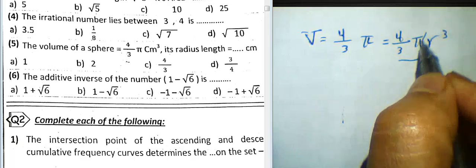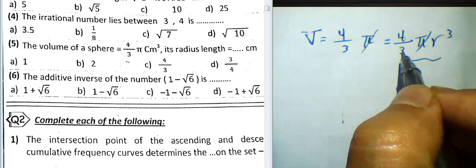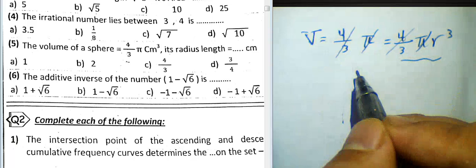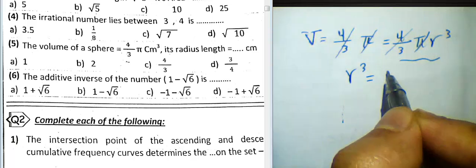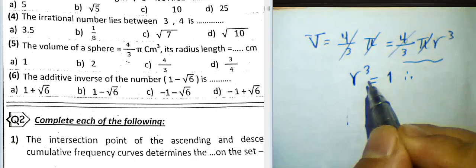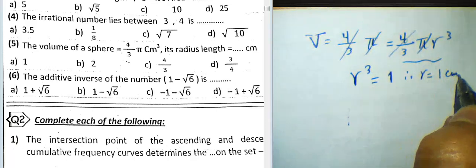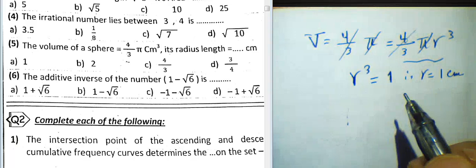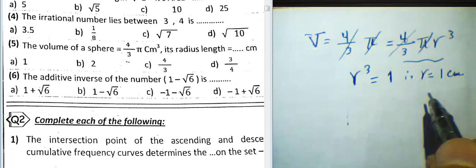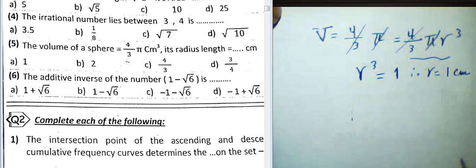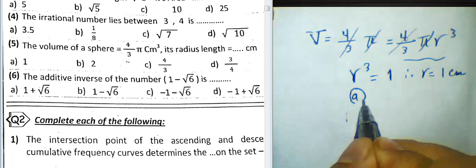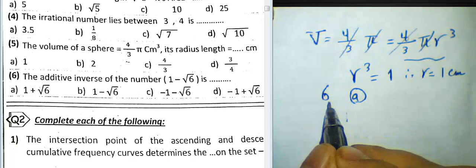So we can cancel pi and 4 over 3, then r power 3 equals 1. Then the radius equals the cubic root of 1. It will be 1 centimeter. So the radius length will be 1 centimeter. We must choose letter A.